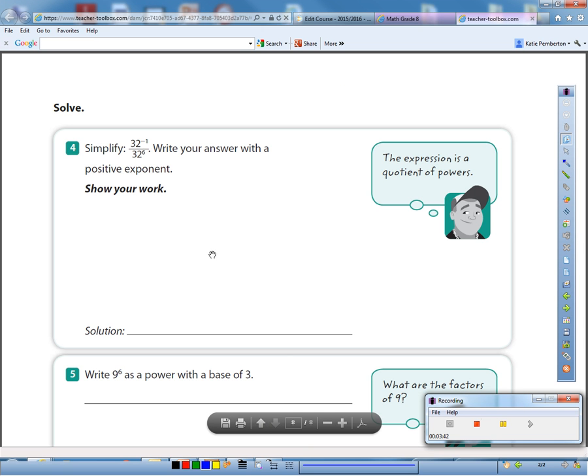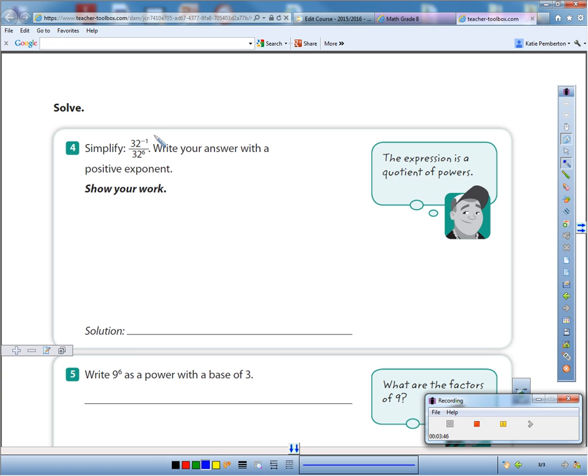So, last part of your homework. If you simplify this, right away I notice there's a negative exponent, so it drops to the denominator. You would have already 32 to the 6th power, and then you're also bringing down 32 to the 1st power.